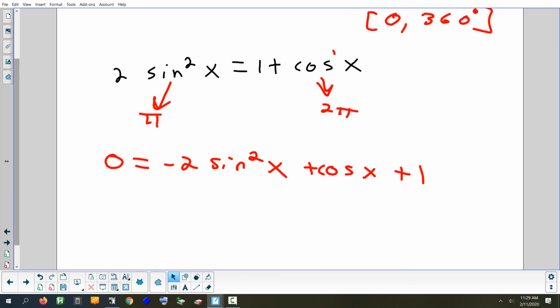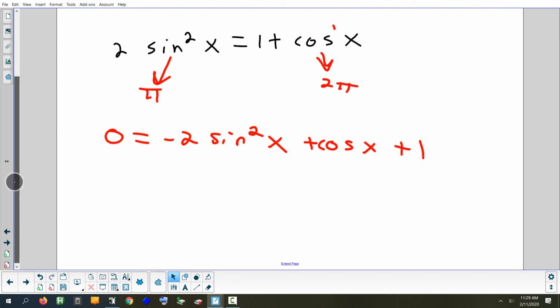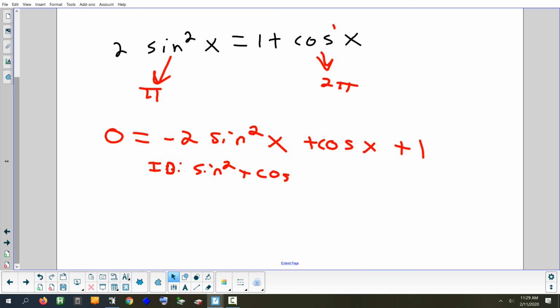All right. Now, it's like we have two different variables here. You got two different trig functions. Which one are we going to substitute for? Sine squared. Yep. And what's the identity that we're going to use to substitute? Sine squared plus cosine squared equals 1. Yep. I'm just going to put that right here. So the identity, sine squared plus cosine squared equals 1. So just leave that space there, plus cosine plus 1.